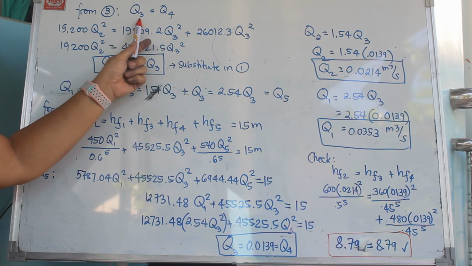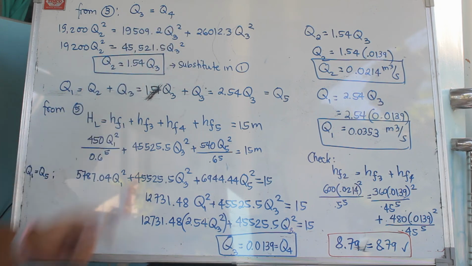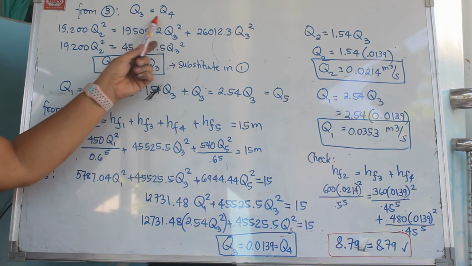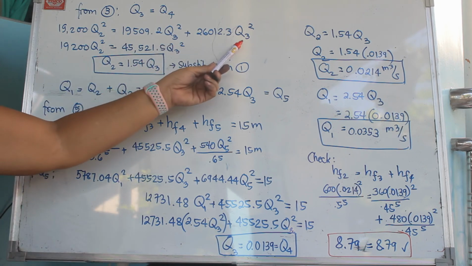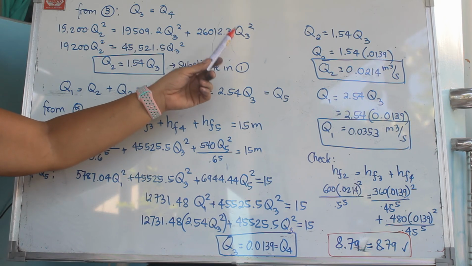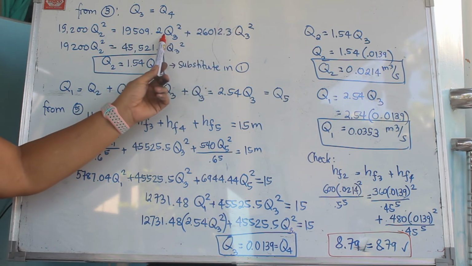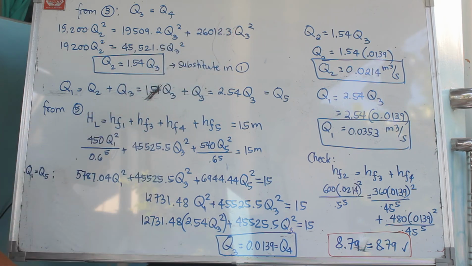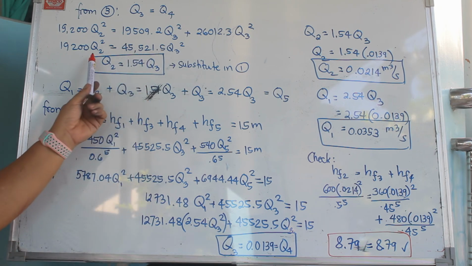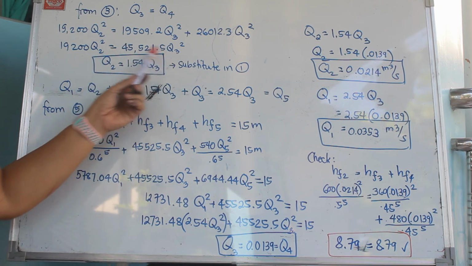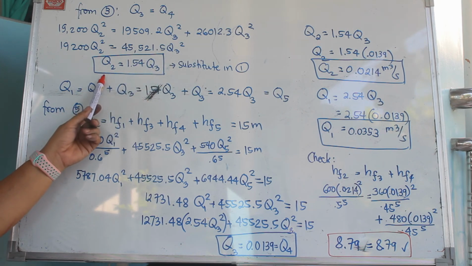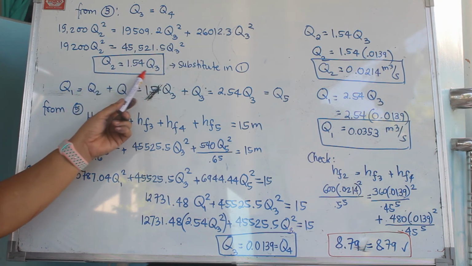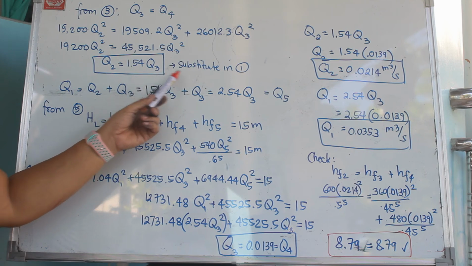Therefore, the discharge in pipe 3 is also the discharge in pipe 4, so Q3 is equal to Q4. We substitute Q3 for Q4. Remember, in algebra, like terms can be added, so Q3 squared and Q3 squared are like terms. Now we have one equation with two unknowns, Q2 and Q3. Solving for Q2 in terms of Q3, it is 1.54 Q3.